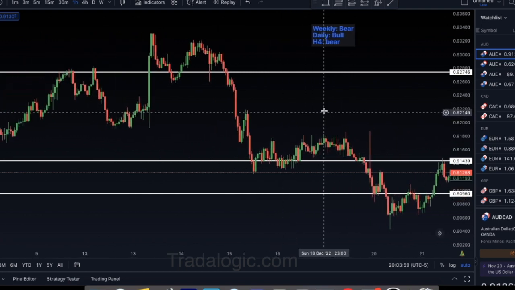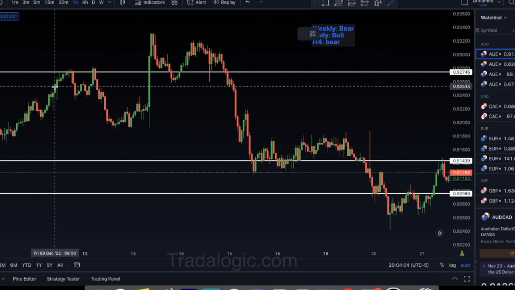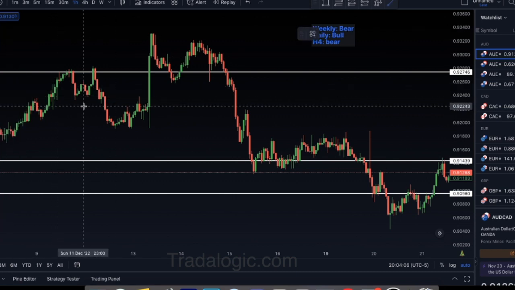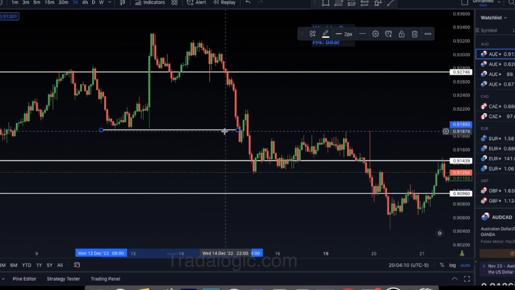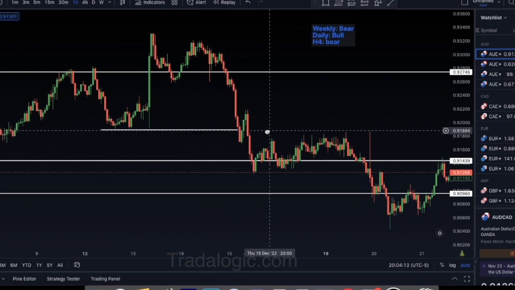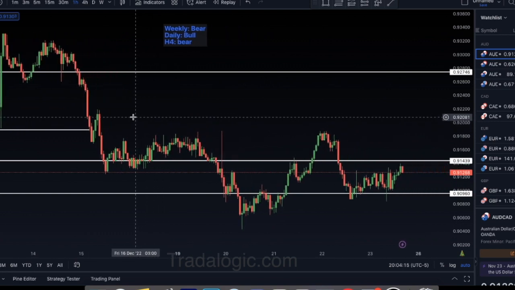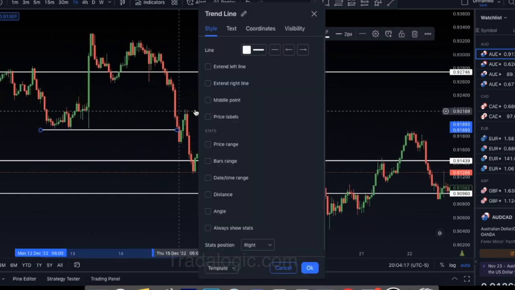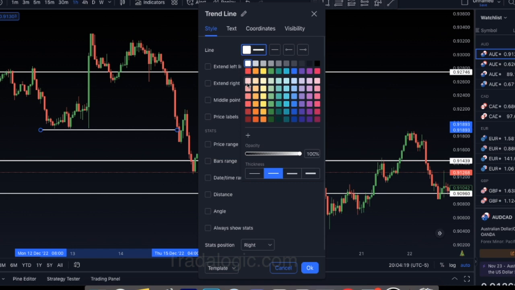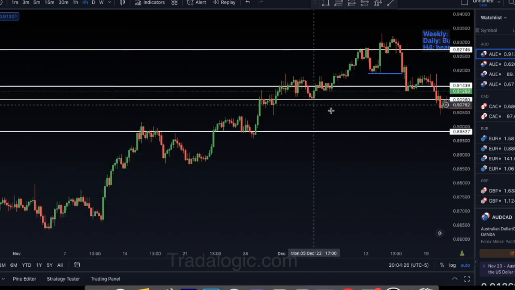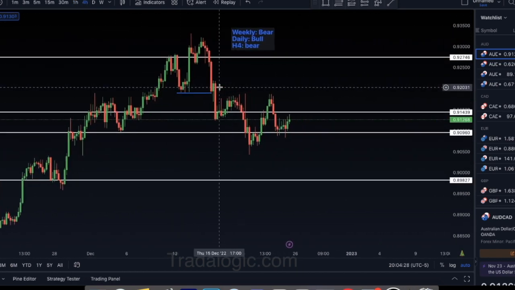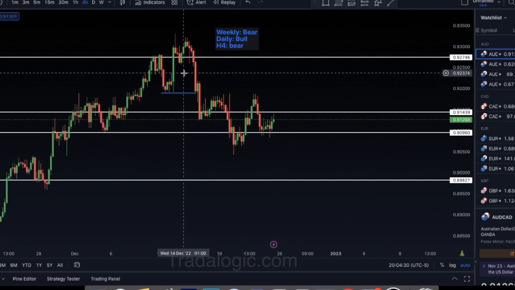So if we come down here, you see the last time the market broke structure, we broke this structure right here, back on Thursday last week. Gotta make it another color. And then when we go up, we can go to the actual time frame, because we have a lot of candles.